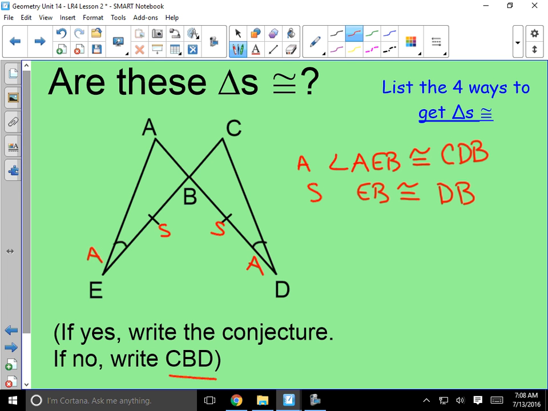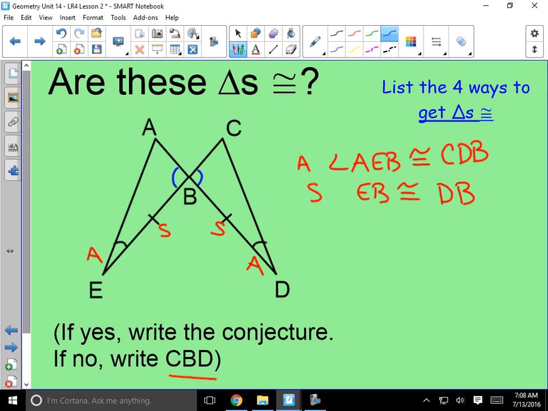And then we always have to look for things that are given but not marked. We do have a piece here that is given but not marked, and it's the fact that this angle and this angle are congruent to each other because they are vertical pairs, vertical angles.